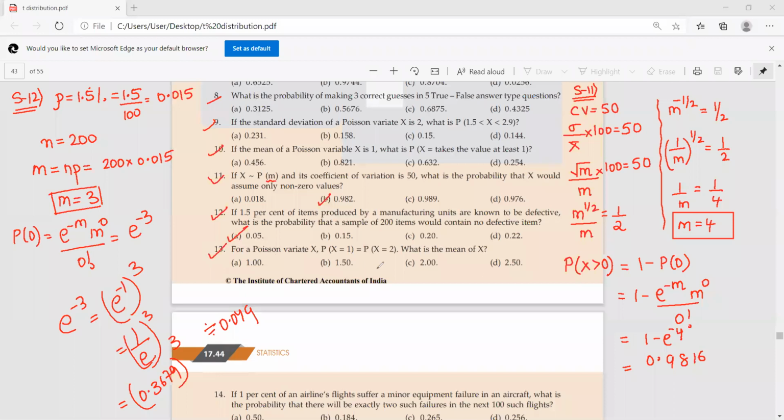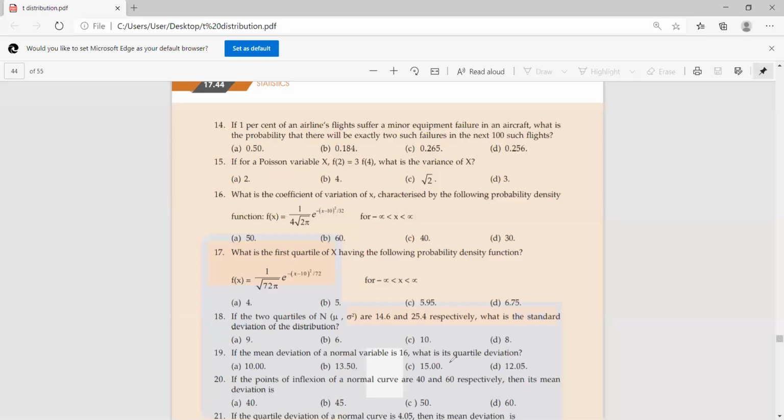13th we have already done, and I think we got the answer as 2 according to me. I think we solved this earlier and we have got the answer as 2. So you all can just verify that we have covered this earlier. So sum number 14, 1% of flights suffered some minor equipment failure.